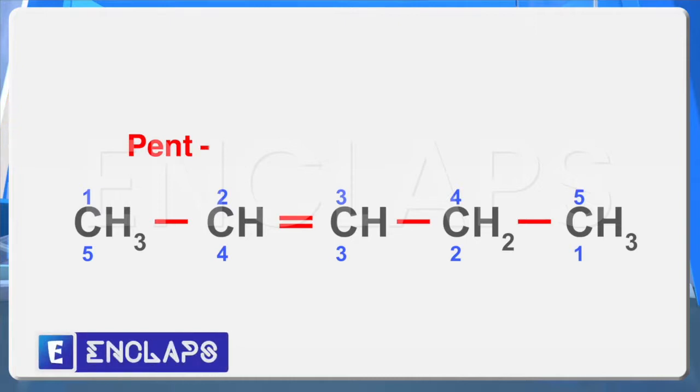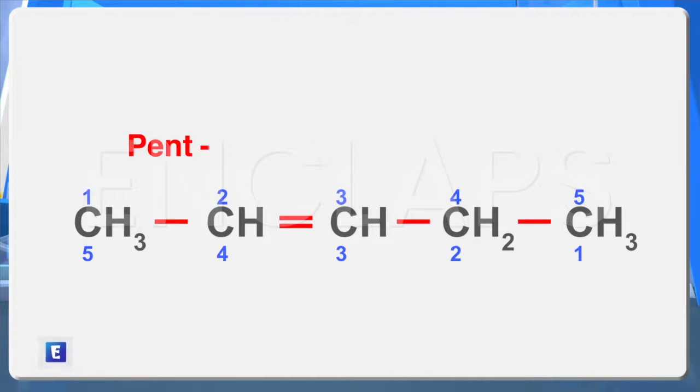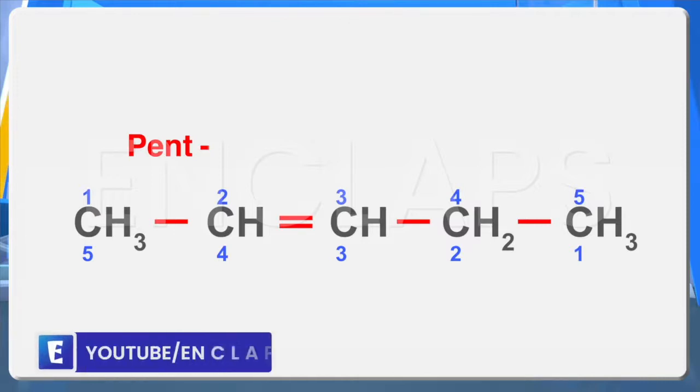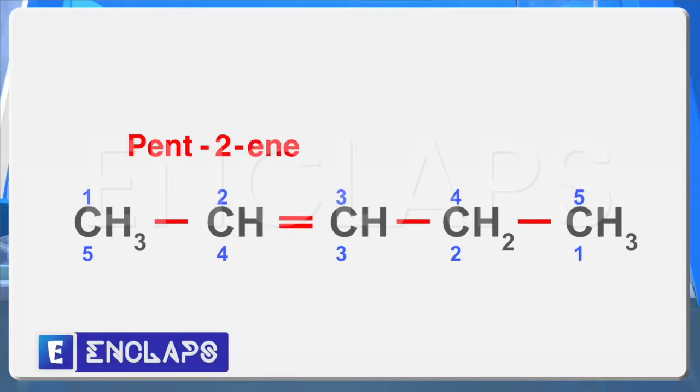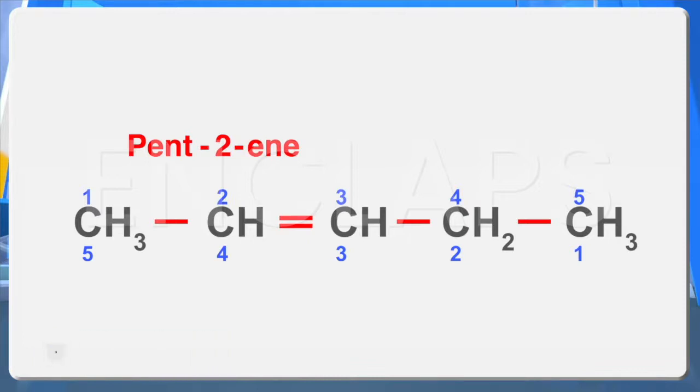Then put a hyphen, pent hyphen. Here we have to mention the position of the double bonded carbon atom. So pent hyphen 2, then put a hyphen, pent hyphen 2 hyphen, then put the suffix ene. So what is the name of the organic compound?